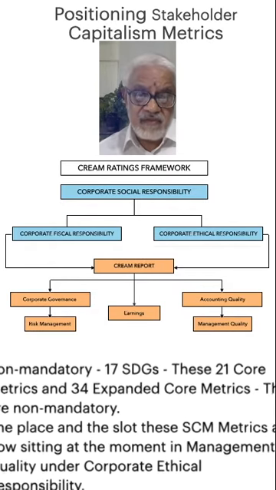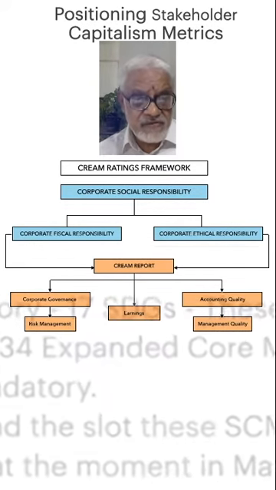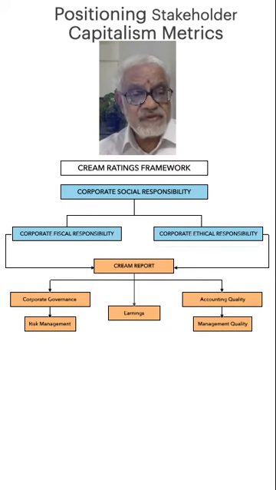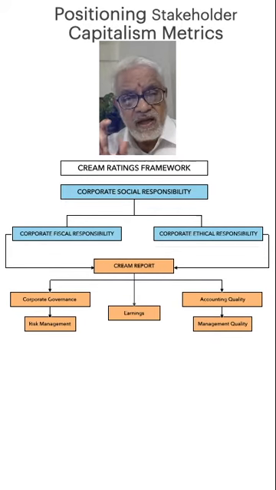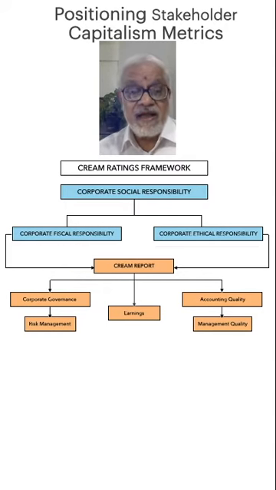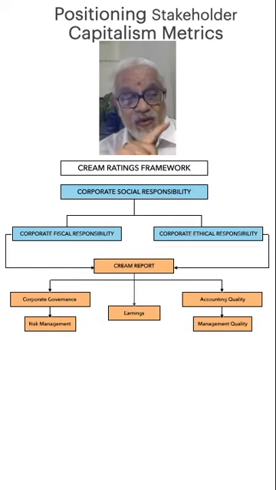The CREAM, when you say corporate governance and risk management, it gives sustainability of efficiency. When there is a sustainability of efficiency in a company, definitely there will be profits. When there is sustainability of value creation, the value system within a company, which is part and parcel of corporate ethical responsibility, then that alone will ensure sustainability of profits and growth.